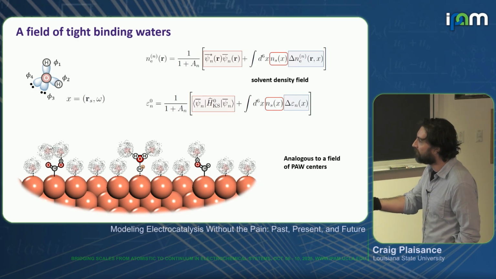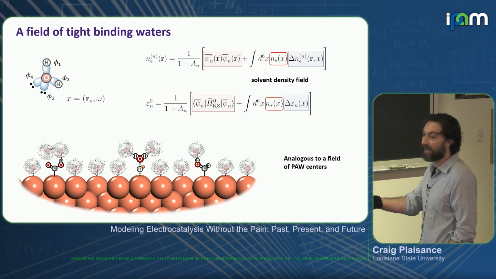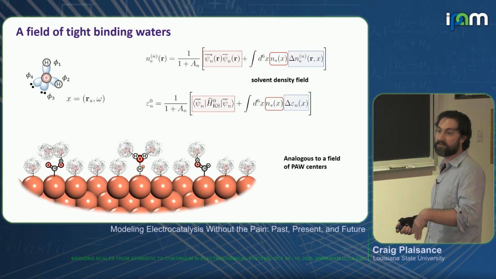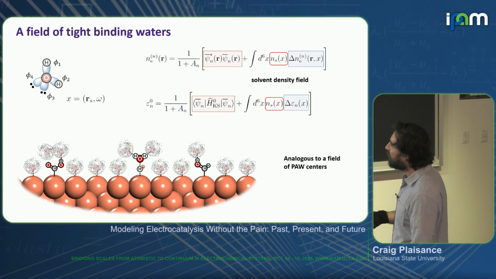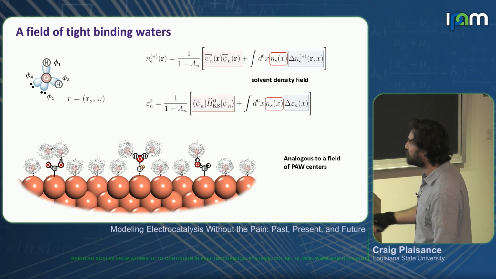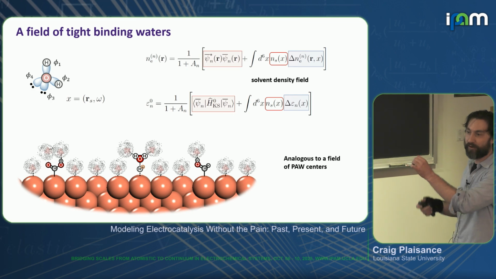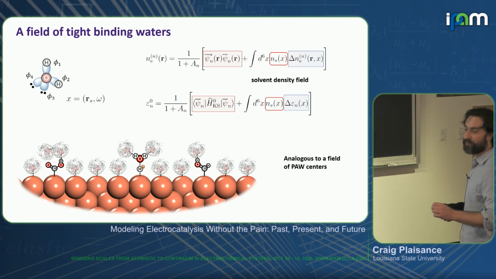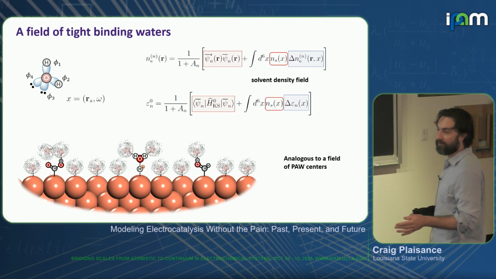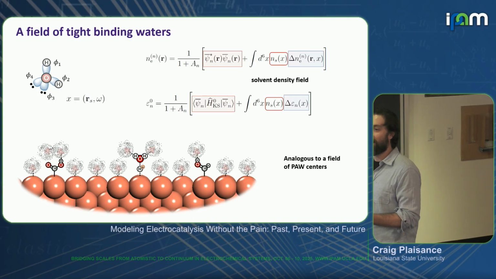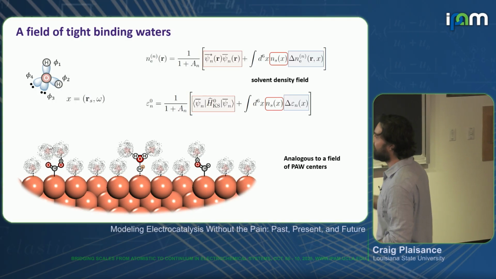We define a coordinate x that combines the position and orientation at every site in space. It's a 6-dimensional parameter, so it's basically analogous to a field of projector augmented wave centers at every point in space. And it sounds like this would be insanely computationally expensive. I promise it's not. It's N log N, as I'll show at the end.